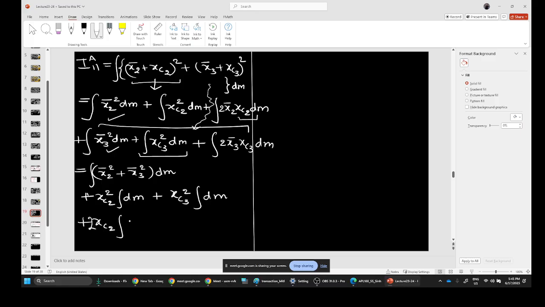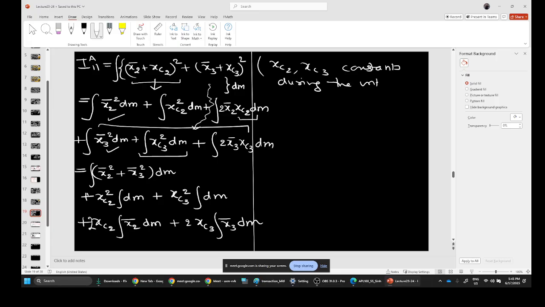And of course 2 I will pull out. So I am left with x2 dm, x3 dm. I'll write here xc2, xc3 constants during the integration process.